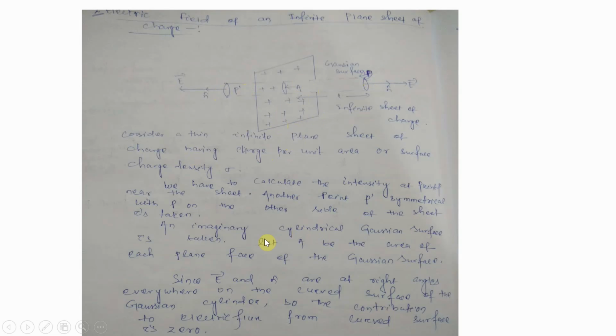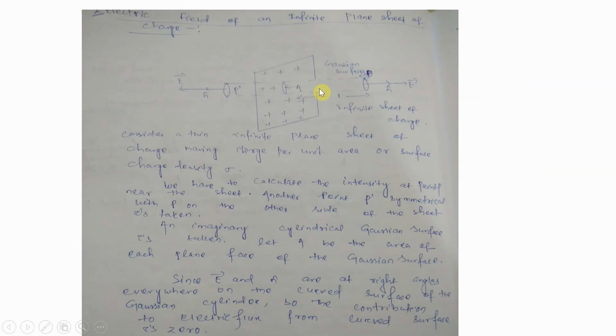Let A be the area of each plane face of the Gaussian surface. On the curved surface of the cylinder, E and n cap are at right angles everywhere, so the contribution E dot dS, E dot n cap, is 0. Along the curved surface, the flux is 0. So the flux is due to only the end faces, where E and n cap are parallel to each other.